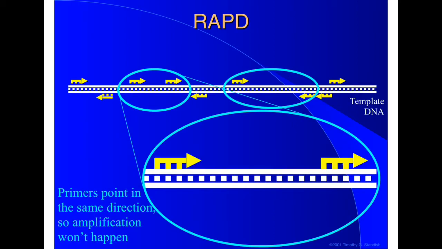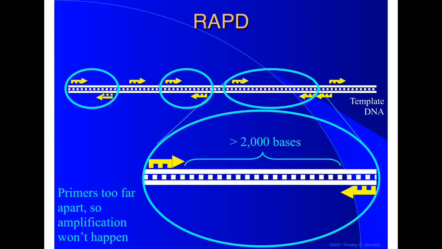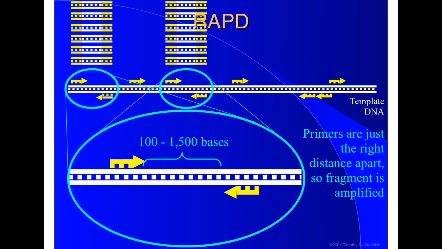When the primers bind in the same direction, also no use. And when the primers bind in opposite directions but the amplified DNA is very lengthy, for example 2000 bases, the amplification will not take place properly. And when the primers bind in opposite directions within 100 to 1500 bases, the amplification will take place properly, and we can multiply the DNA in those regions.